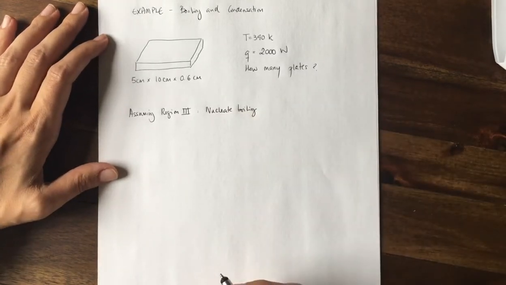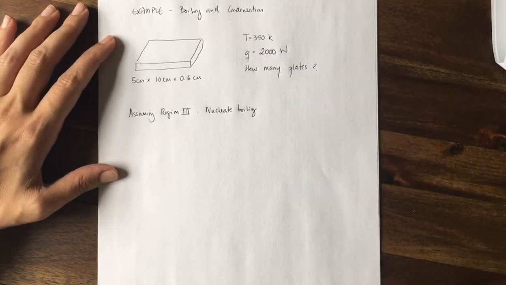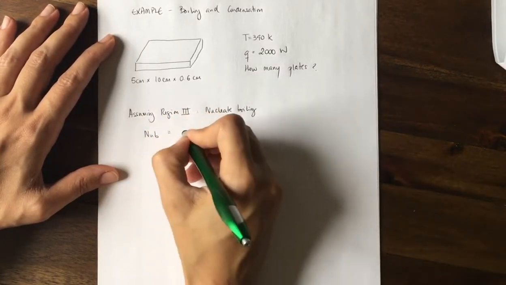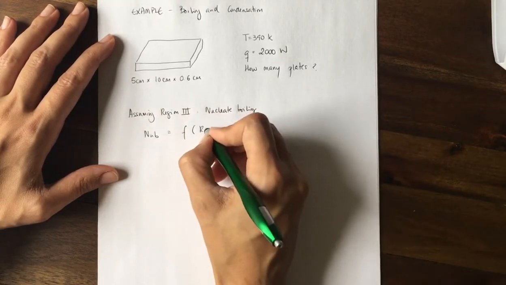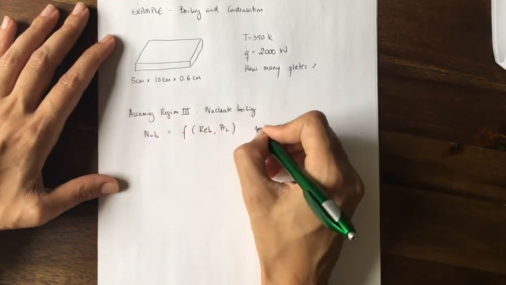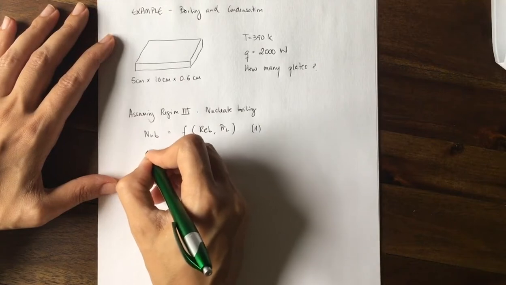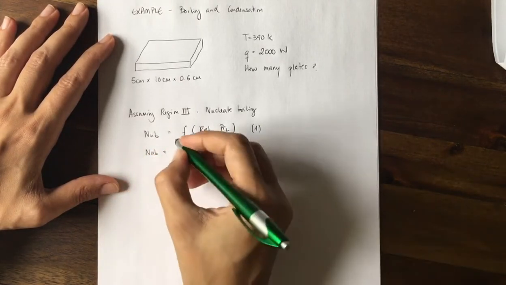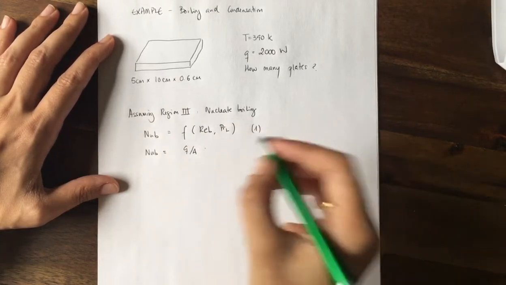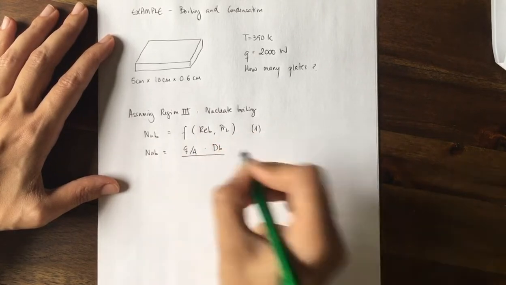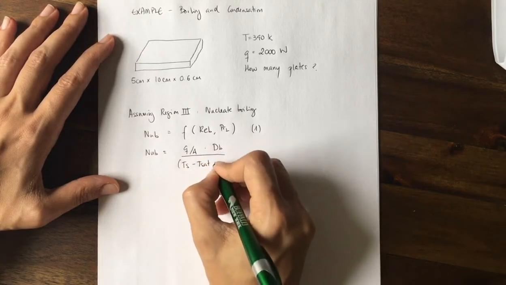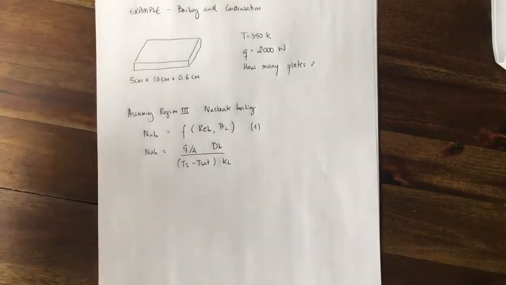And again, if you remember from the lectures, we defined a parameter, Nusselt B, which is a function of the Reynolds and the Prandtl number. And that's equation number 1. And we also defined this parameter B in relation to the heat rate per area, the diameter of the bubble over the T minus the T saturation, kL.